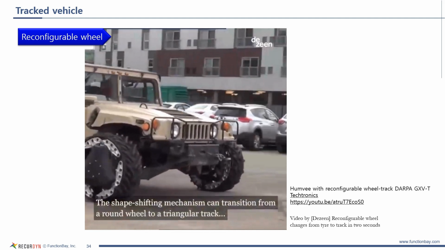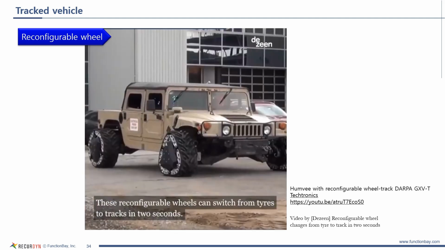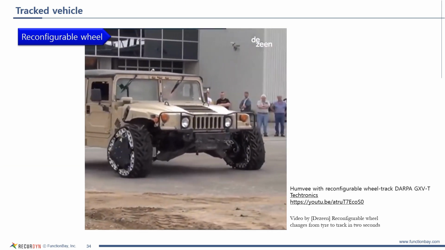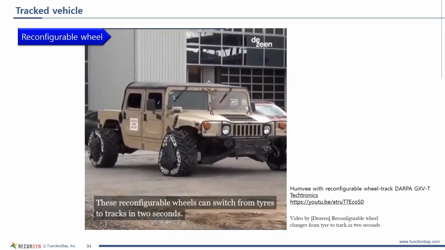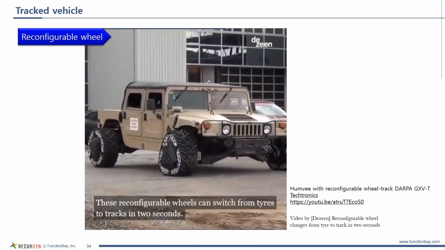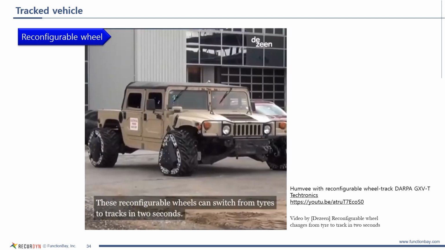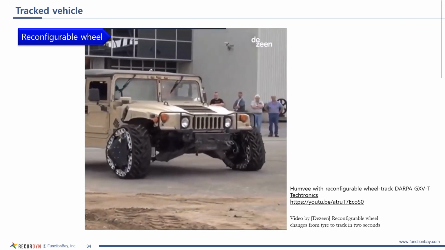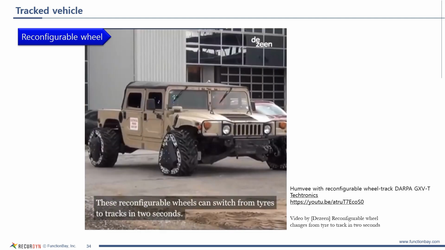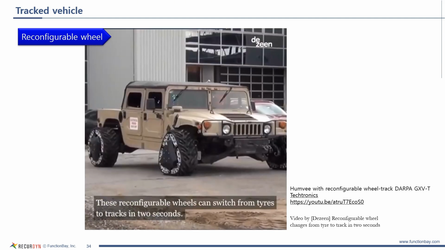On well-paved roads, the vehicle moves with a circular wheel shape. However, when the terrain becomes rough or challenging for standard tires, the tires transform into triangular shapes and a track belt replaces the tires for movement. Can dynamic analysis technology be applied to such systems?